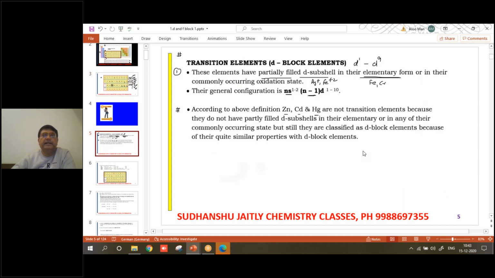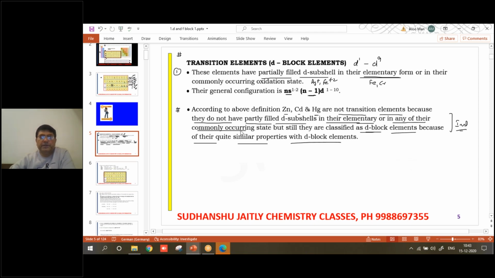Therefore, ideally, zinc, cadmium, mercury are not transition elements because they do not have a partly filled d subshell in their elementary form or any of their commonly occurring states: Zn+2, cadmium +2, mercury +1, etc. But they are still classified as D block elements because of their quite similar properties with D block elements.